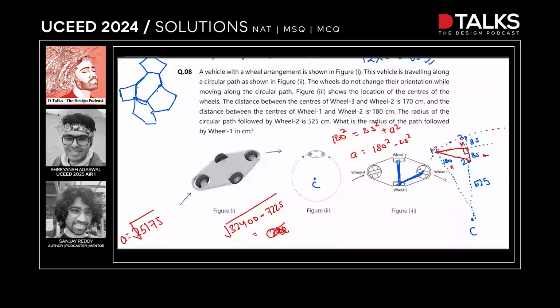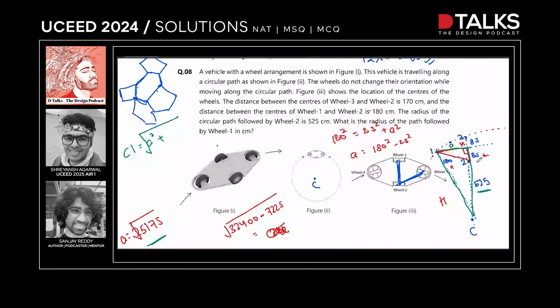And you'll understand why. So now we need to find the value of C1. We know C1 is the hypotenuse of this triangle C1M, where we assumed the value of M1 is a, and we found the value of a square here. So C1 is equal to root of a square plus CM square.